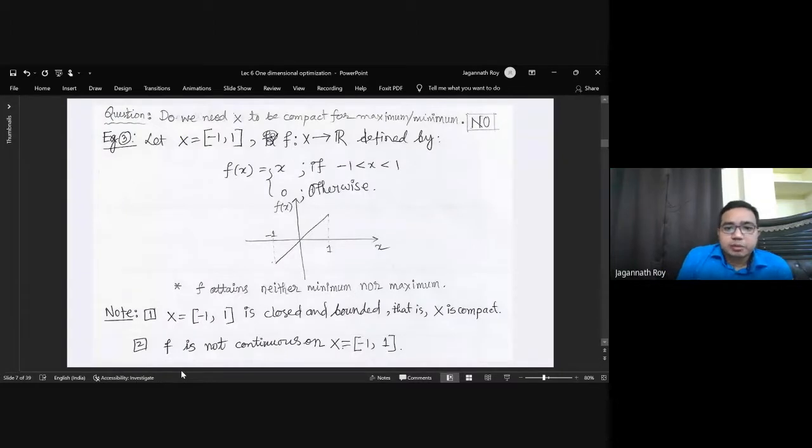So now if we think about the closed interval from minus 1 to 1, and if we define the function of this form, so between minus 1 and 1, it will be of this form x. Otherwise, at x equals 1, it is 0, and at x equals minus 1, it is also 0 again.